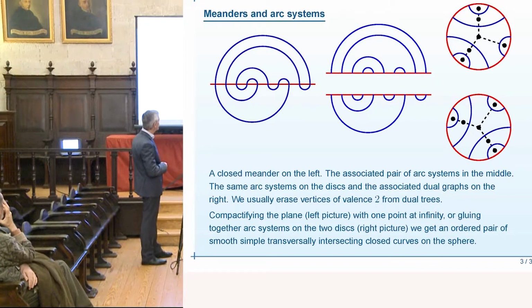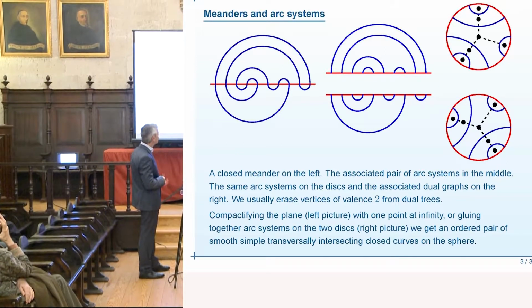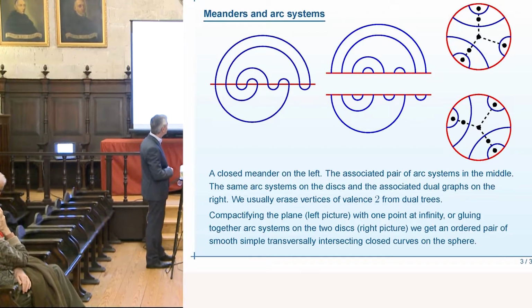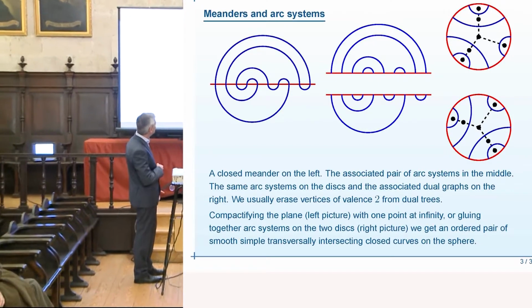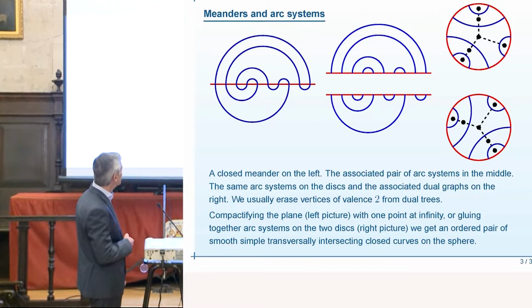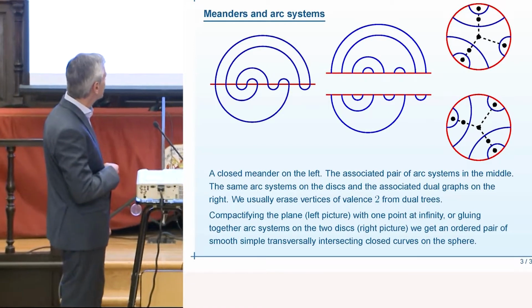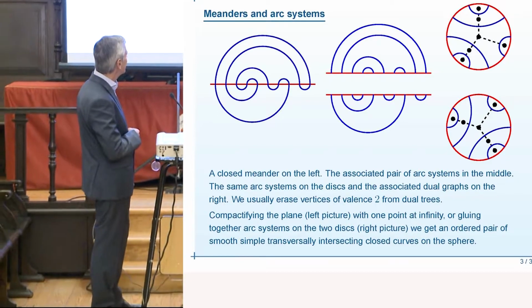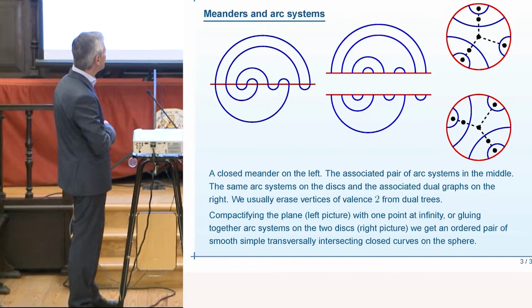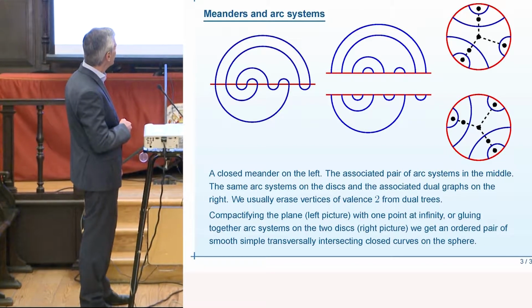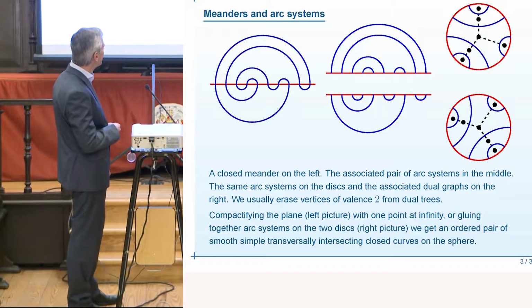And you can encode a sort of topological passport of this picture by drawing a dual graph to your arc system, like these black lines correspond to the dual graph, and you have to imagine they have really very many blue arcs, so you will have very many pieces like this, these polygons.